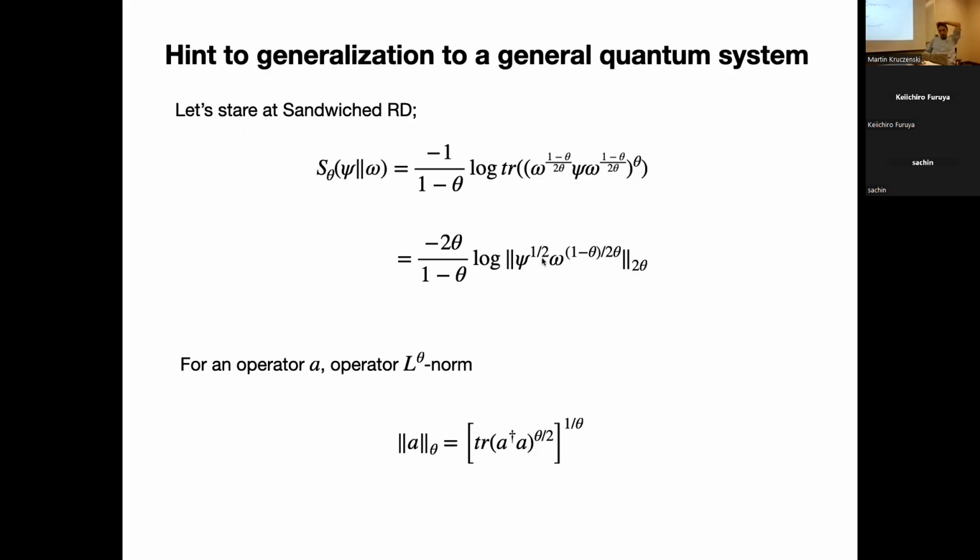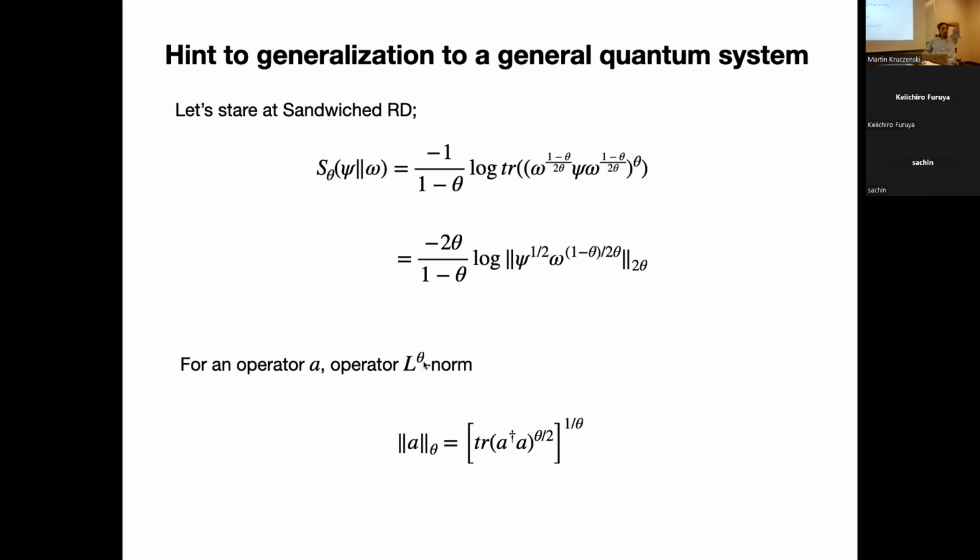This norm is called the L theta norm, where theta ranges from 0 to infinity. When theta is 2, this is the norm called the Hilbert-Schmidt norm. For example, if you have vector spaces, then the L2 norm is the norm for vectors.